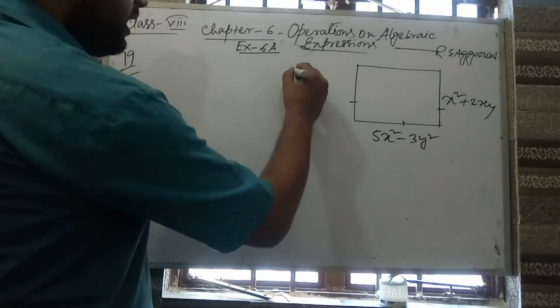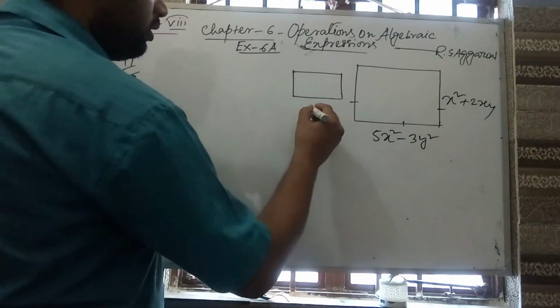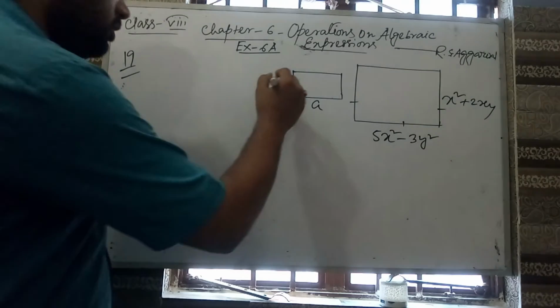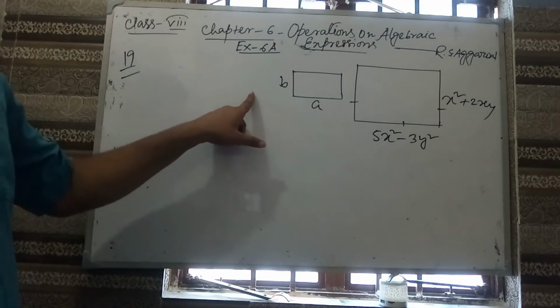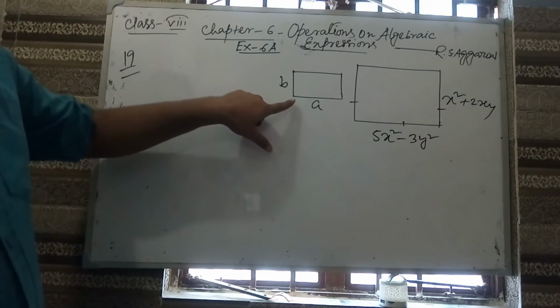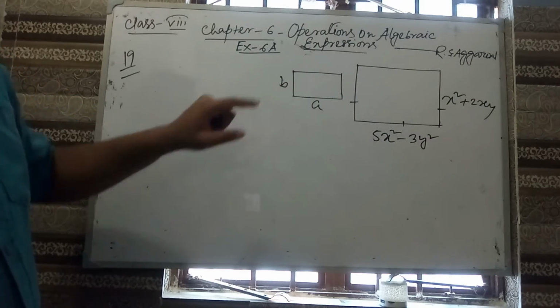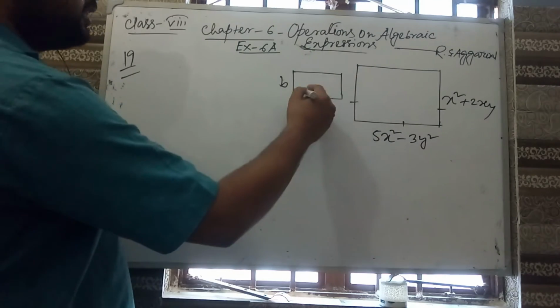I am drawing another figure of a rectangle where this is A and this is B, wait for 1 minute. So we have drawn a rectangle whose adjacent sides are A and B. Okay. So what will be the perimeter of this rectangle?